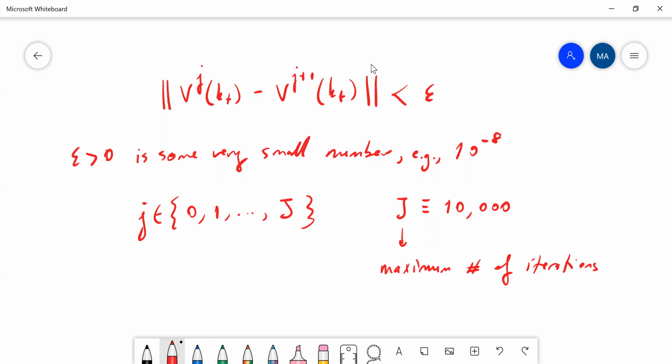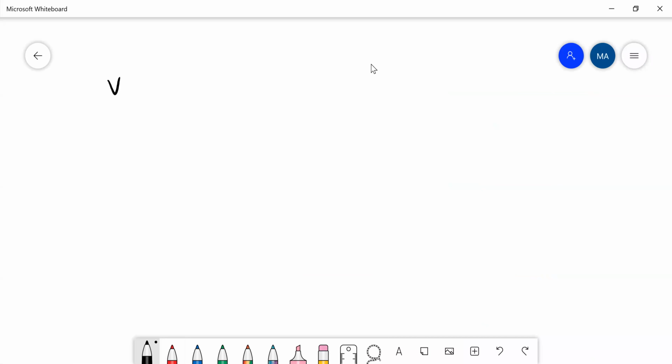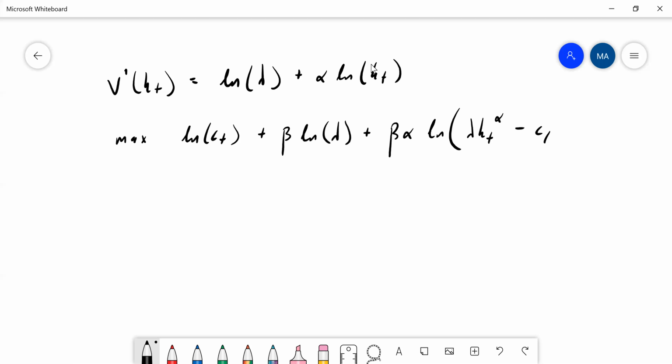Okay, so let's continue with our analytical example. So we had V1 kt equals ln lambda plus alpha ln kt. Then if you maximize ln ct plus beta ln lambda plus beta alpha ln, now be careful, I'm writing this for kt plus 1, right?